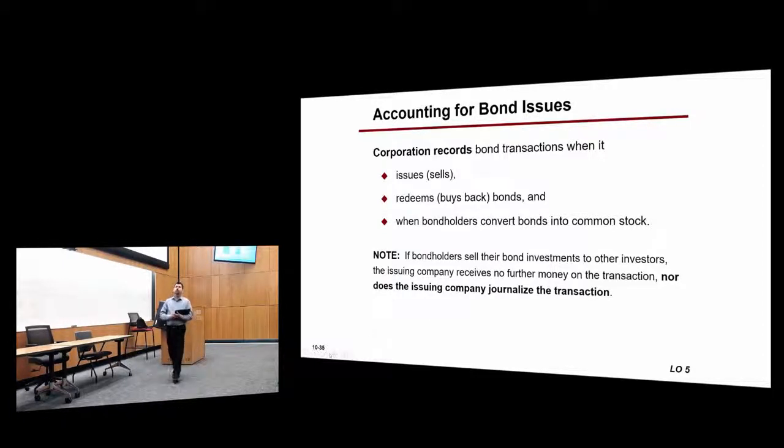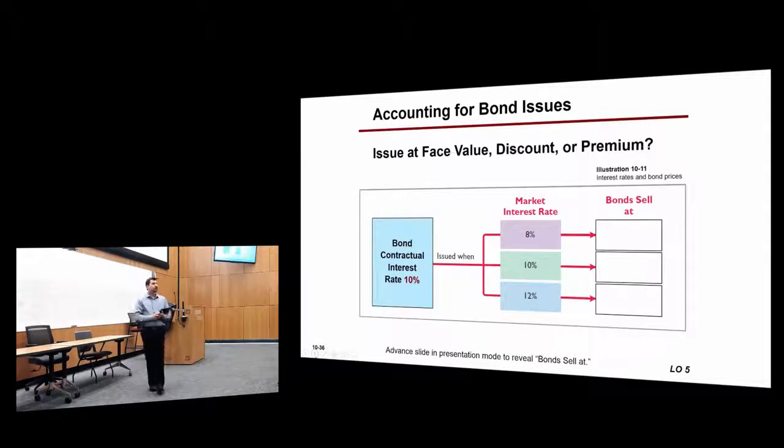So for example, this is when the company will sell their bonds at face value. When we say at face value, this is at $1,000. When do you think that this would happen?